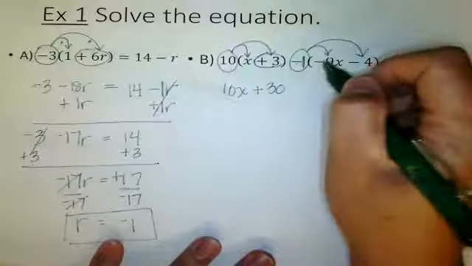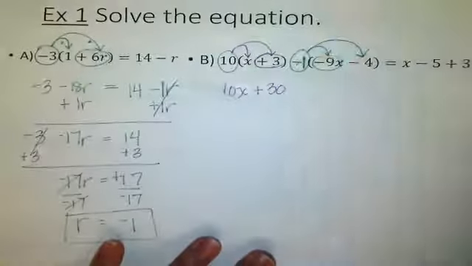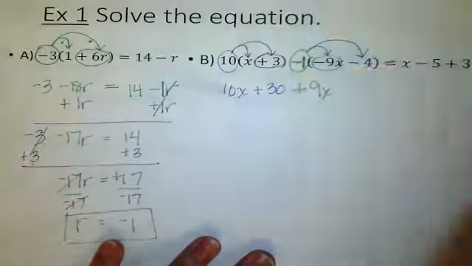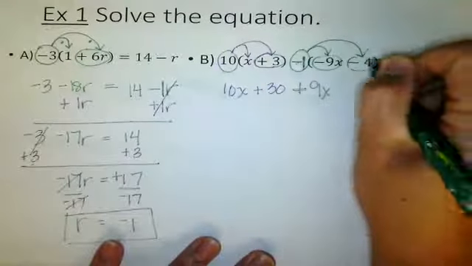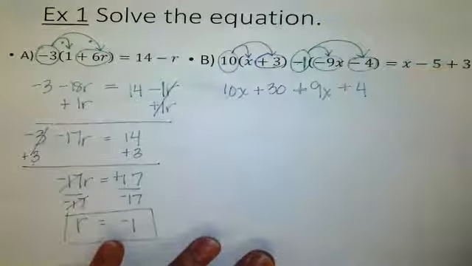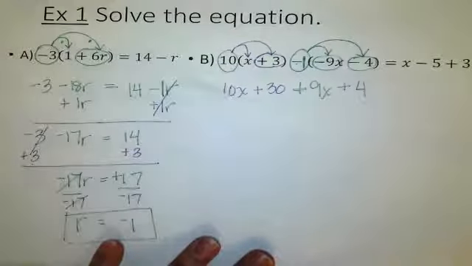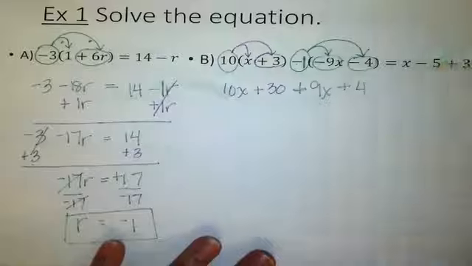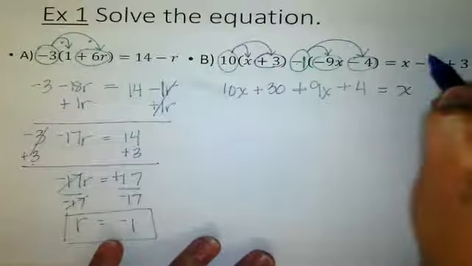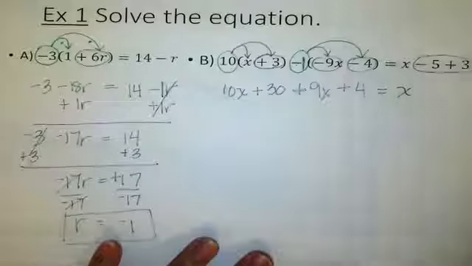So negative 1 times negative 9x, positive 9x. Negative 1 times negative 4, positive 4. All right, that's going to be equal to x. And what can we do here with these things on the same side?